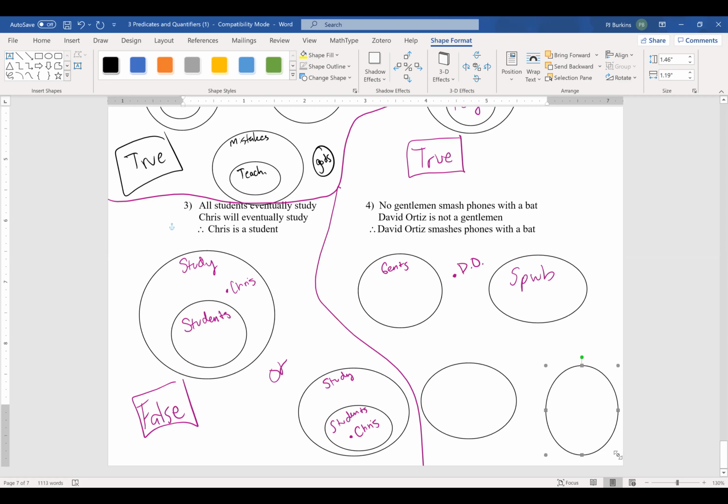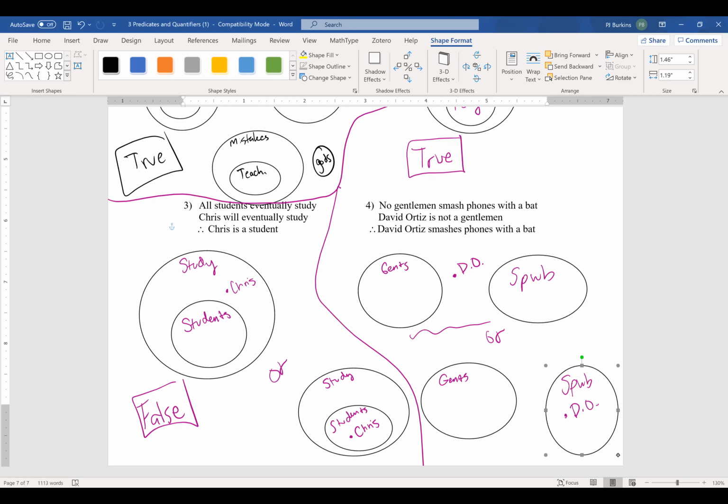All right, so we still have gents here. We're told he's not a gentleman, so he can't go inside there, but we're not told anything about whether he smashes phones with bats. So he could fall within here. So again, we've got two situations.